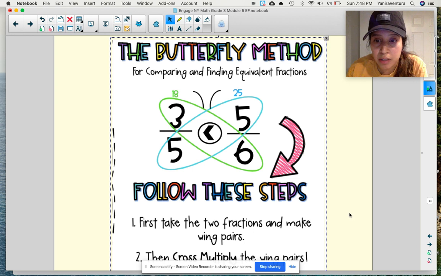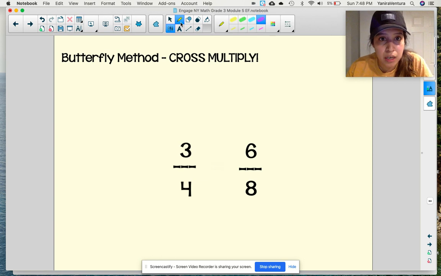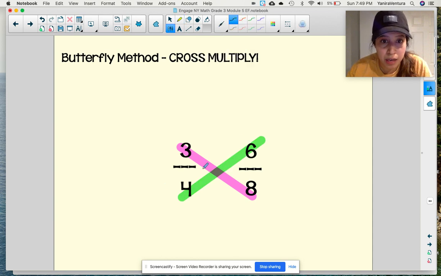Okay, so now let's go ahead and try this butterfly method using these two fractions. We have 3/4 and 6/8. Now I'm going to cross and multiply 3 and 8 and 4 and 6. Now when I cross and multiply 3 times 8, I get a product of 24.